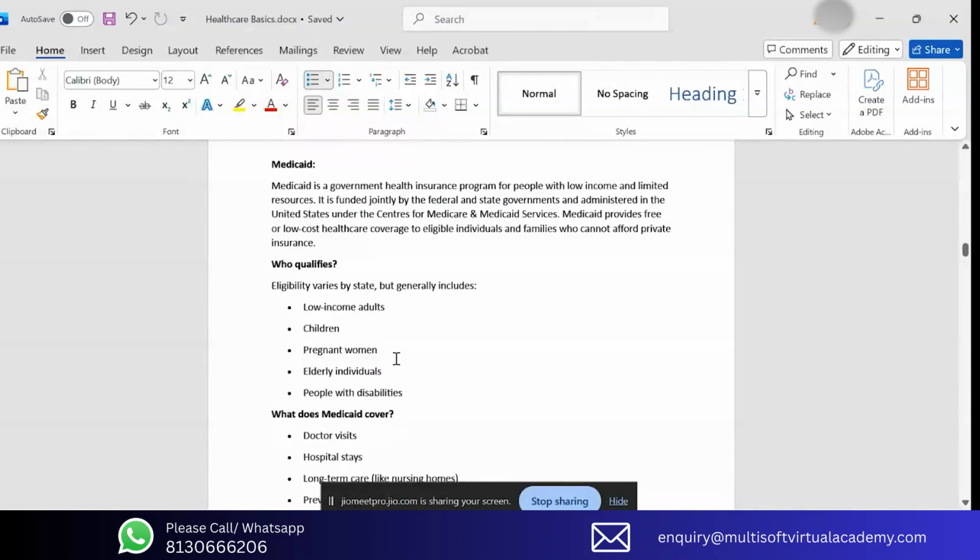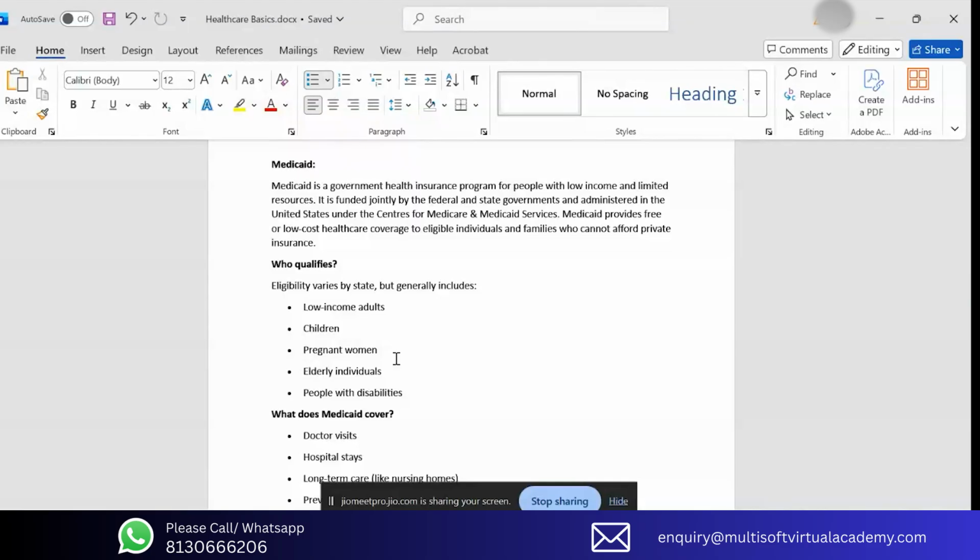So Medicaid is again a government plan. This is mainly for people who are under the poverty line. Whoever has low income will be part of the Medicaid program. This is also run by both federal and state governments, and it is also under the United States federal HIPAA Act.